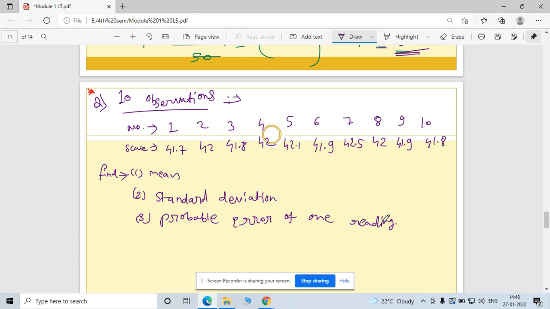So you need to find out these three parameters.